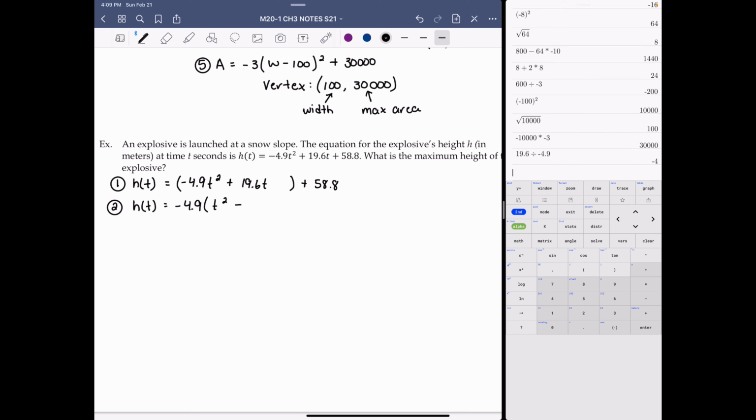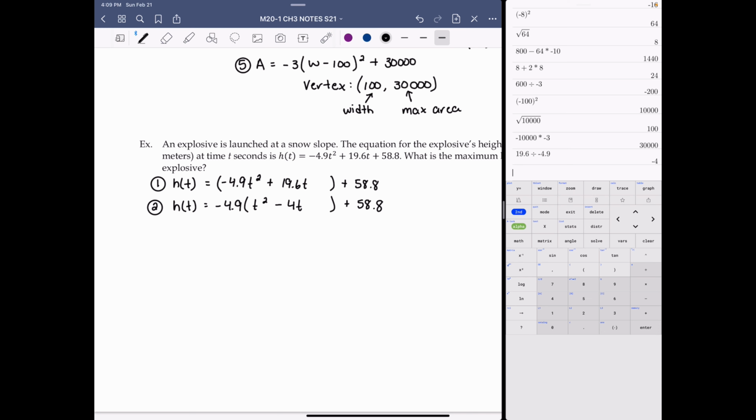So negative 4t, leave a space, close the bracket, plus 58.8. Step 3, take the middle term coefficient, -4, divide it by 2, and then square. -4 divided by 2 is -2. -2 squared is +4.